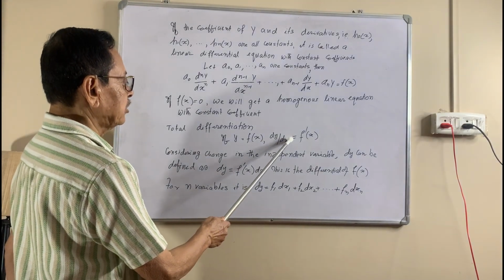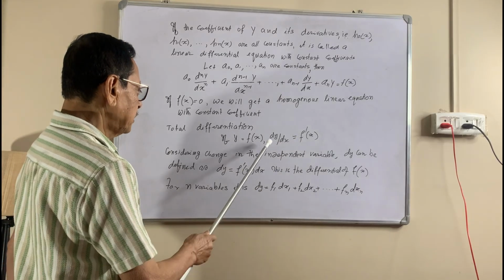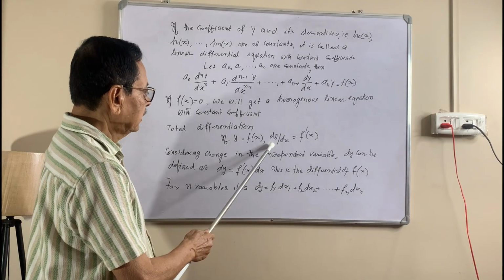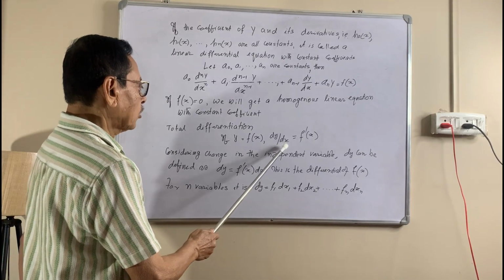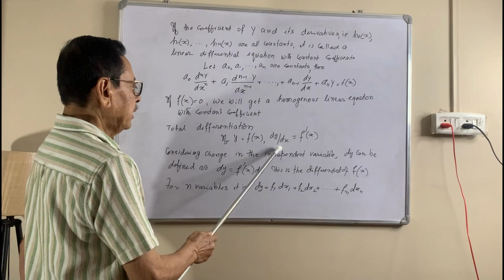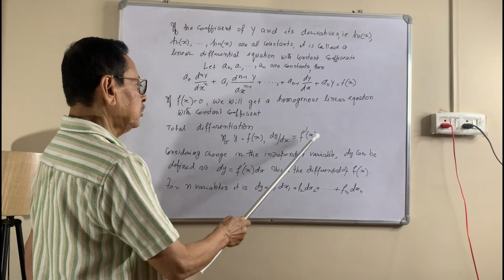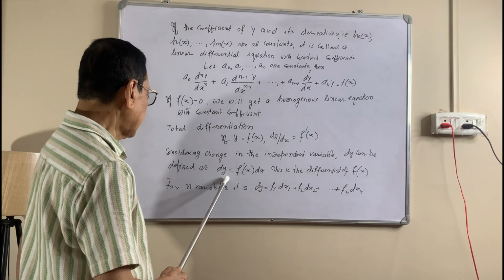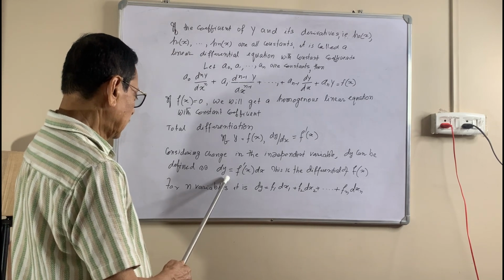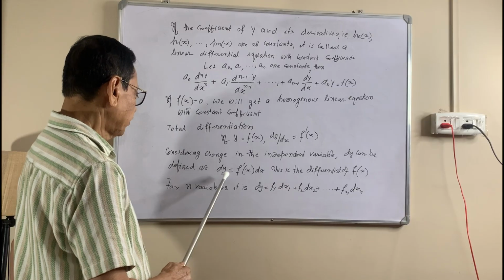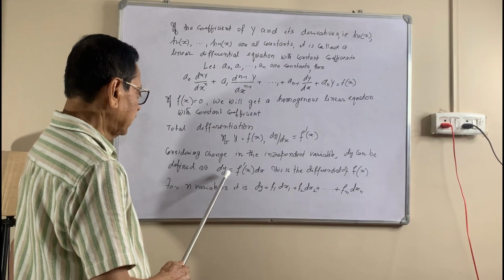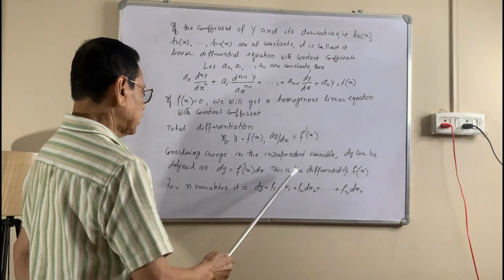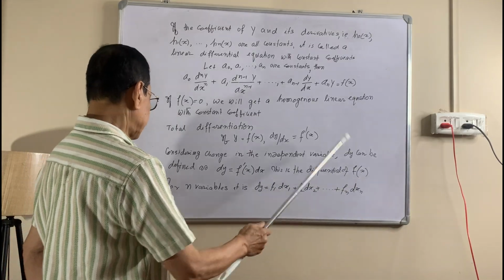That means dy, practically, is nothing but the cross multiplication. dy is nothing but f prime x into dx. So this is defined as dy, that means the change in y due to the change in x. This is the differential of x.